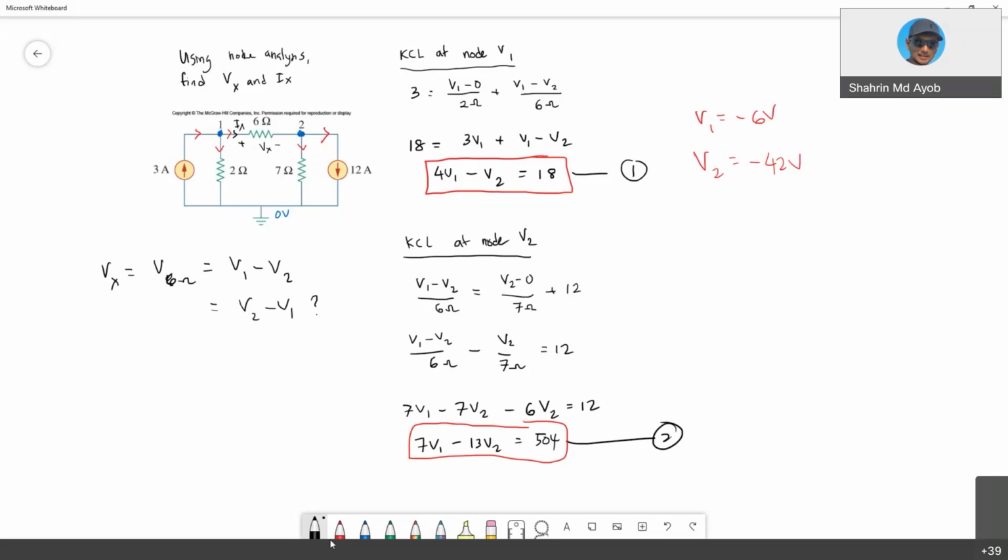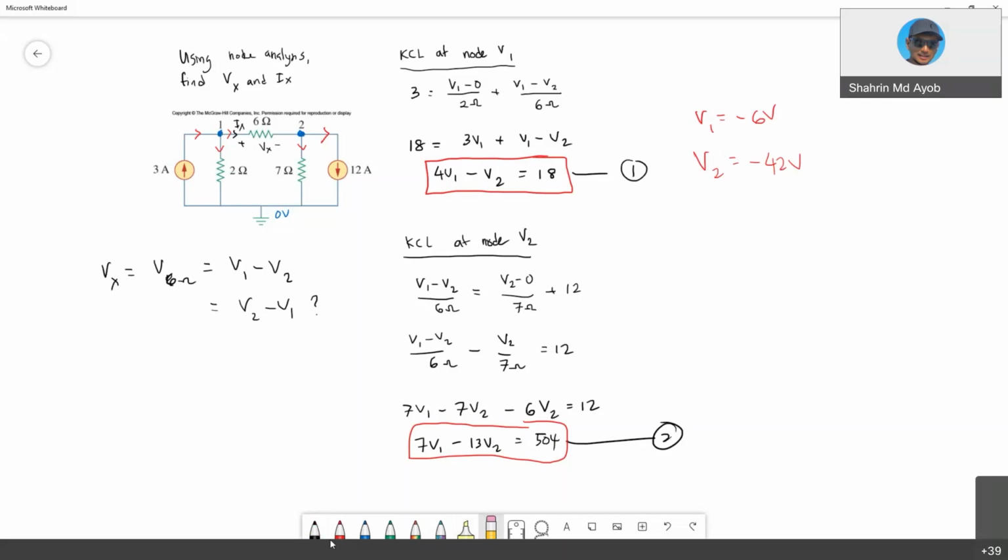It's up to you, but for me, because the direction of the current is flowing from node 1 to node 2, I'm assuming that the voltage V1 is bigger than V2. So that's why the current is flowing from node 1 to node 2.